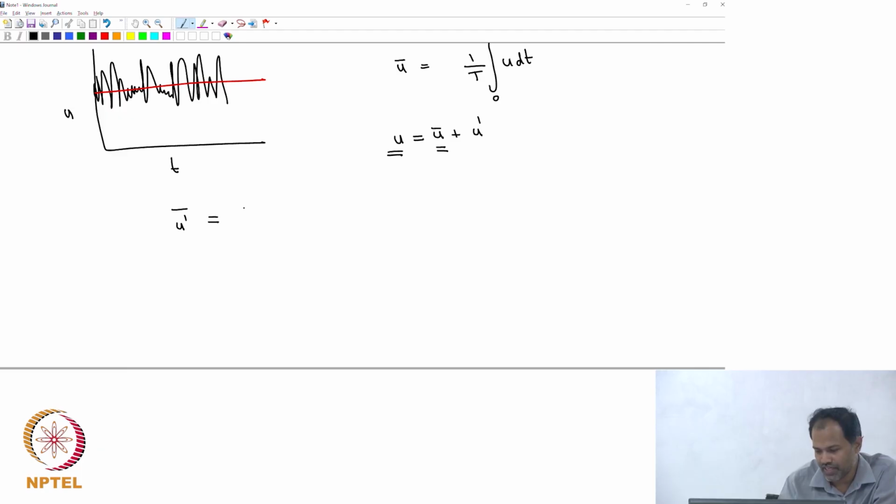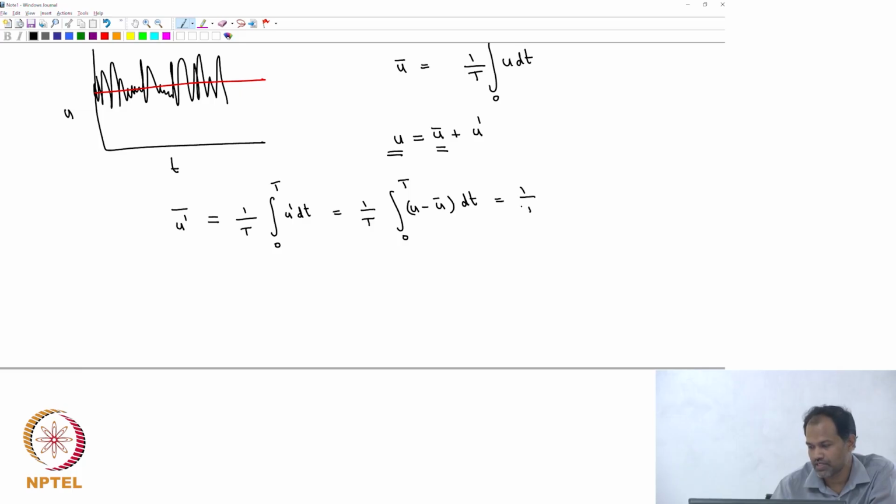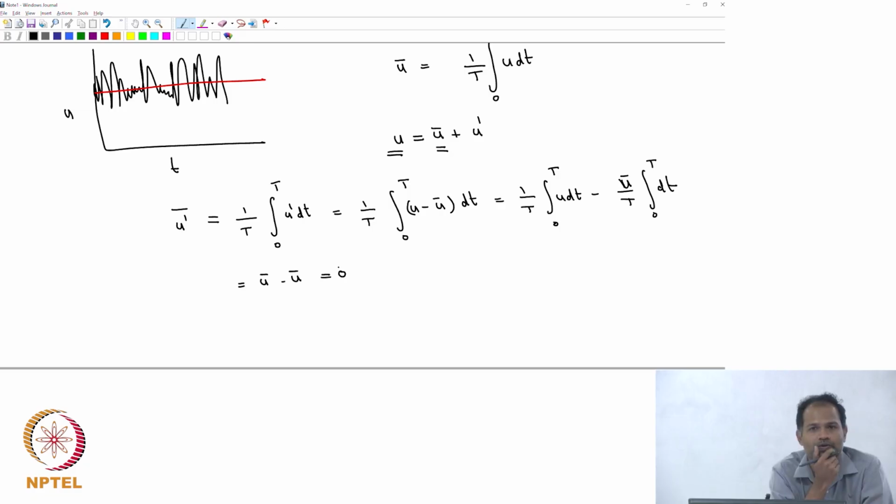By definition, it's 1 by t integral 0 to t u prime dt, which is equal to 1 by t integral 0 to t of (u minus u bar) dt, which is equal to 1 by t integral 0 to t u dt minus 1 by t integral 0 to t u bar dt. Since u bar is a constant, I can write it outside. That is u bar minus u bar, which is equal to 0. So, as expected, it comes out to be 0.